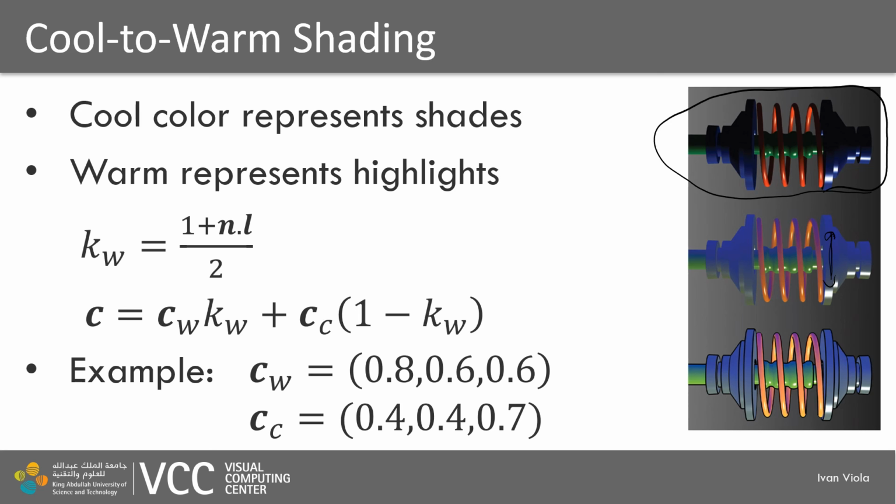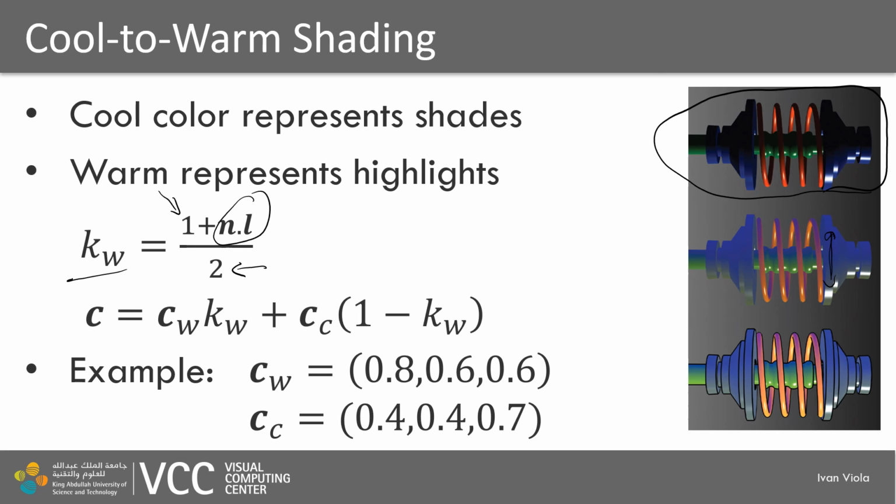This can be modeled by simply having a coefficient, let's call it the warmth coefficient, which evaluates the dot product of the normal and the light vector. So it's like the Lambertian illumination here. However, it is not clamped between 0 and 1, but we are using the entire spectrum -1 to 1. With the 1 here, we are bringing it to the positive range 0 to 2, and by the divider here, we are bringing it to the range 0 to 1 again.